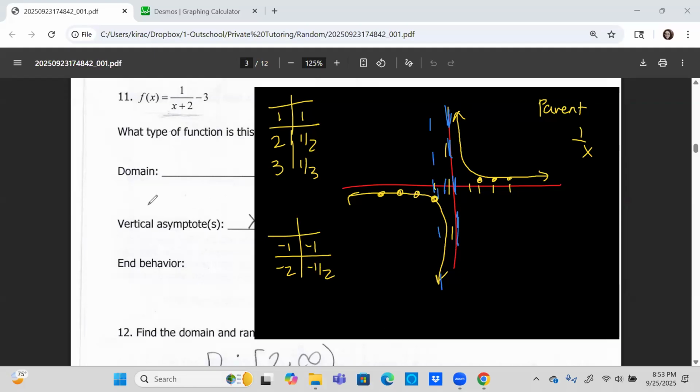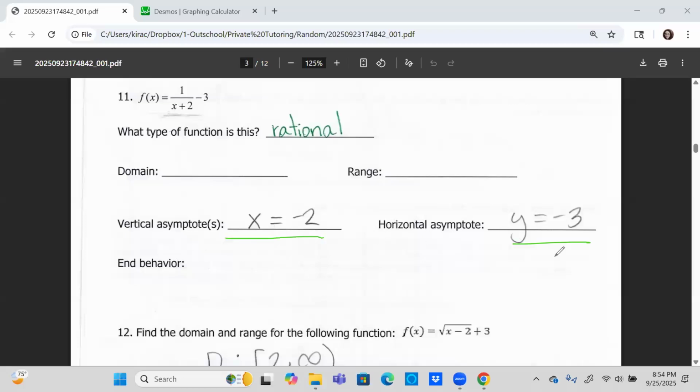So our vertical asymptote would be x equals -2. Okay, and we have a horizontal asymptote right now on this picture of y equals 0. That's where it's leveling off. But this -3 would scoot everything down 3. 1, 2, 3. So that would be our new y asymptote. Okay, so that's where these two answers have come from.